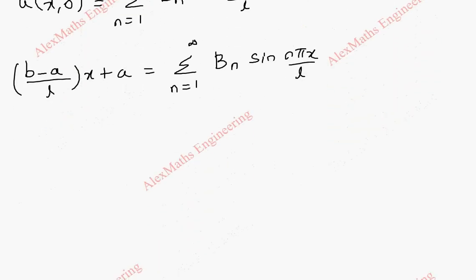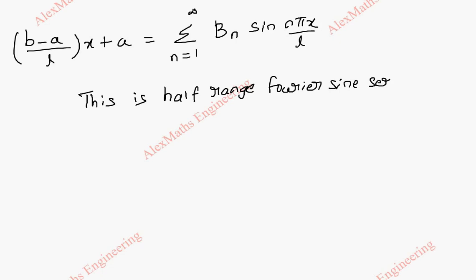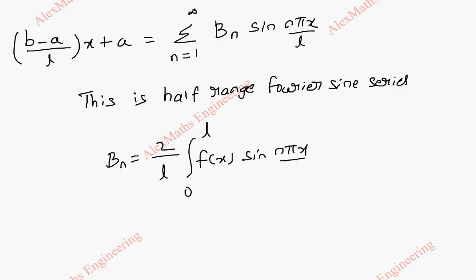Now this is the half range Fourier sine series, and here to find Bn we use 2 by L integral 0 to L f(x) into sin(n pi x by L) dx.